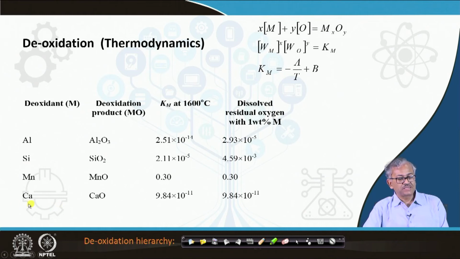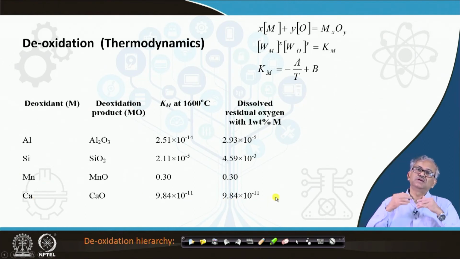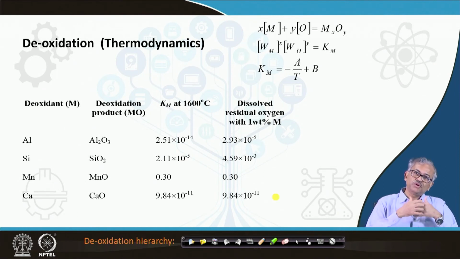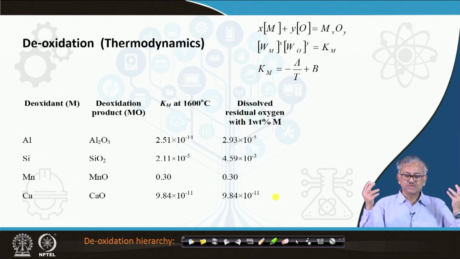Similarly, if you consider calcium as deoxidant, then with 1 weight % of calcium in the bath, the dissolved oxygen in equilibrium will be 9.84 × 10⁻¹¹. That means the oxygen level will be reduced to almost 0. That is, 1 weight % calcium in the bath means dissolved oxygen almost 0.